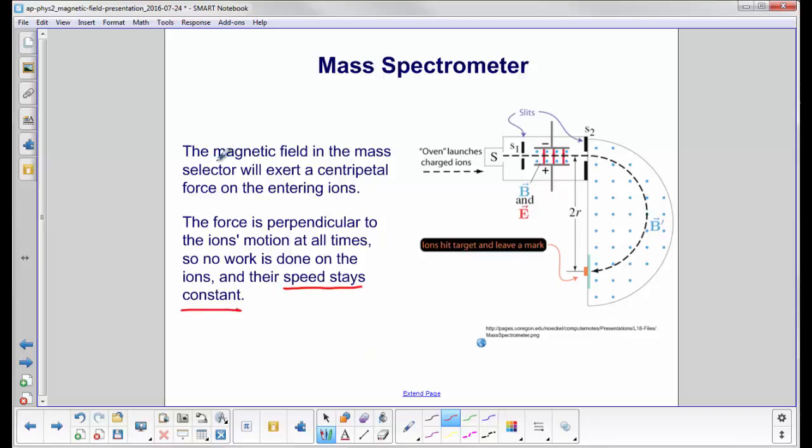The magnetic field in the mass selector exerts a centripetal force on the entering ions. This force is perpendicular to their motion at all times. So no work is done on the ions and the speed stays constant. And you can see they're in circular motion here. Again, analogous to the Earth going around the sun. If no work is done, the speed stays constant.